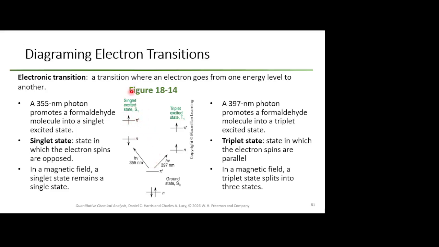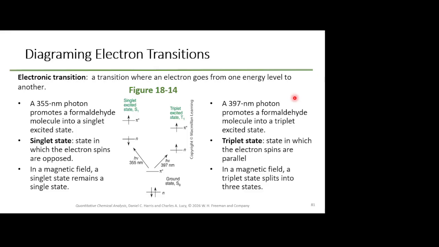A singlet state is where the electron spins are opposite of each other, so you have two different spins. In a magnetic field, a singlet state is going to remain a singlet state, because you have the up and the down, and they're energetically equivalent because they're not interfering with each other.